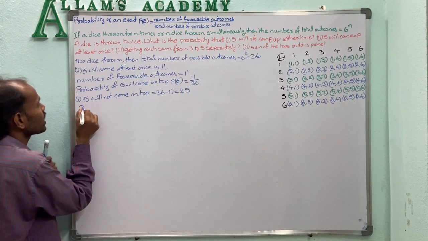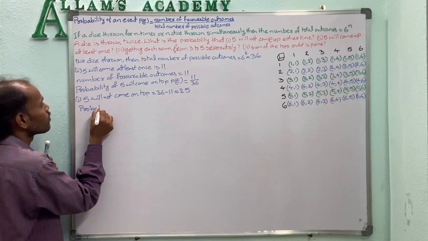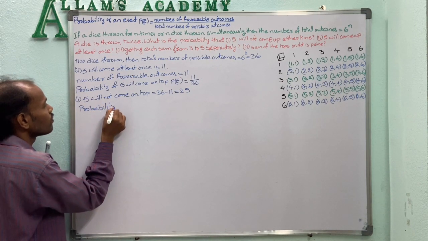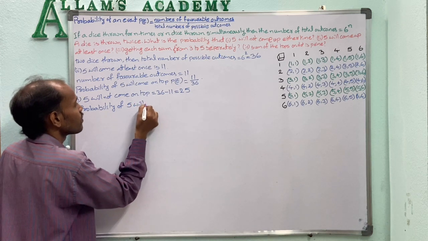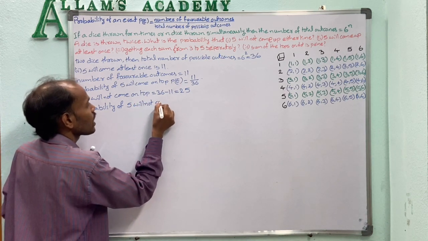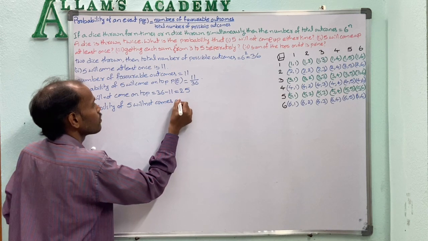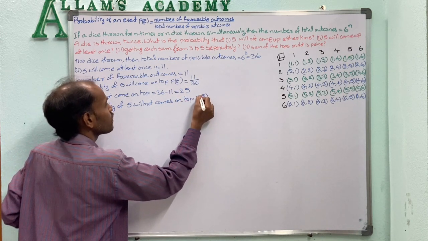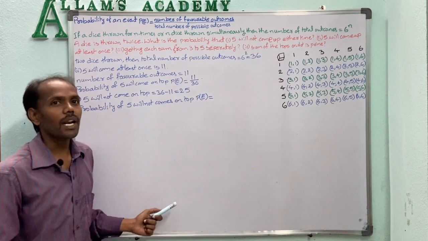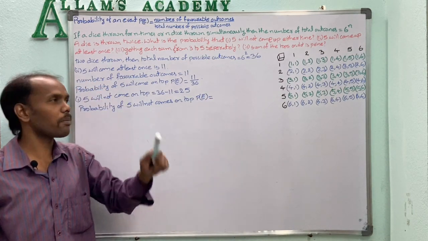So the probability that 5 will not come on top, P of E bar, is equal to number of favorable outcomes by total number of possible outcomes.